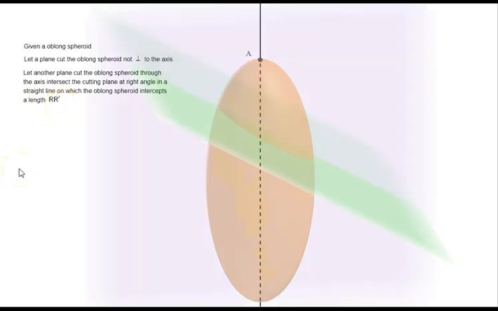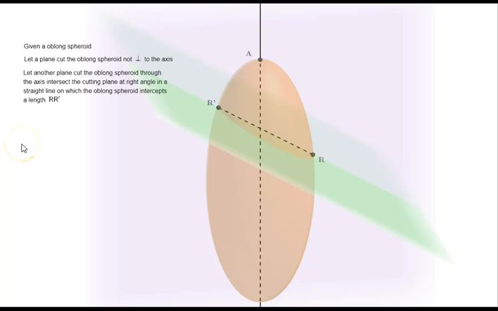So let another plane cut the spheroid perpendicular to the cutting plane. And here you will notice that the spheroid intercepts the intersection of these two planes. Let's mark this as RR prime.